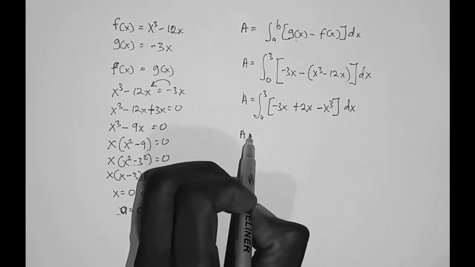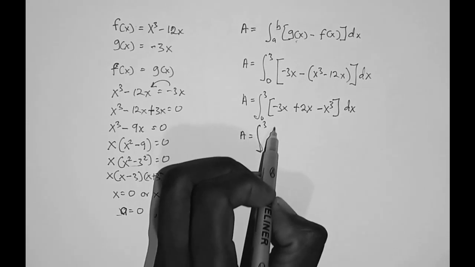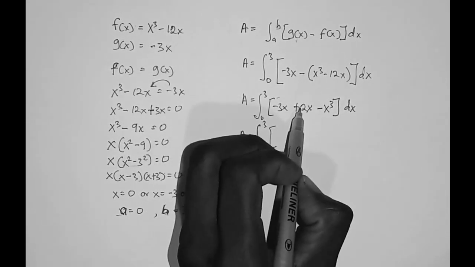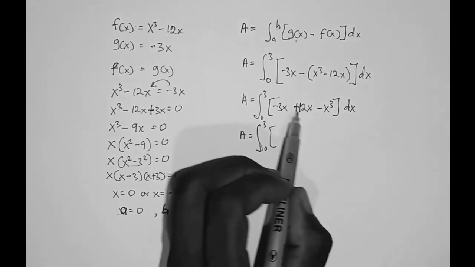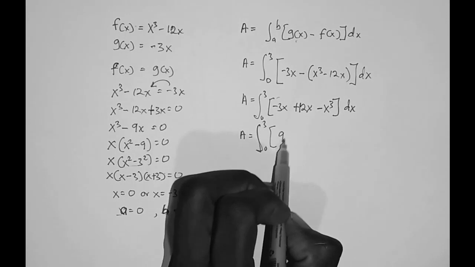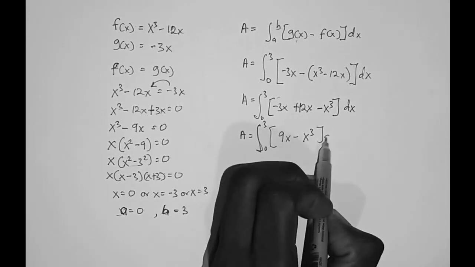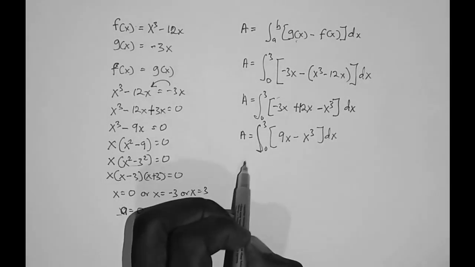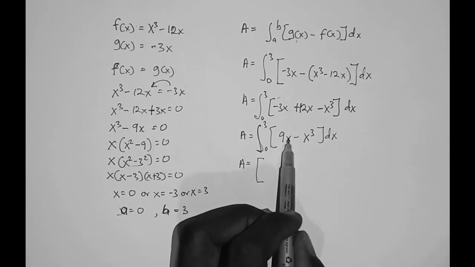So the area equals the integral of 0 to 3 of minus 3x plus 12x, which equals 9x minus x exponent 3 dx. So let's go ahead and do the integration. So this is x exponent 1.